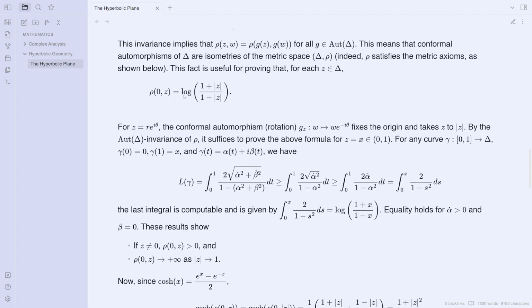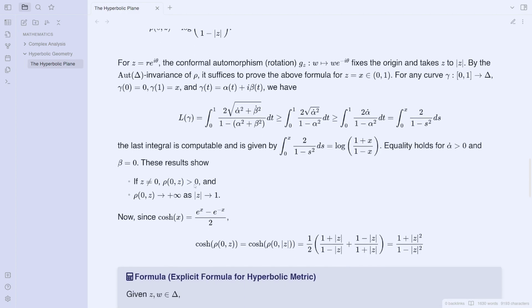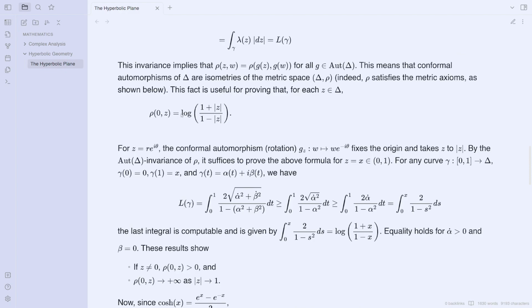Now, what's really nice about it is that it tells us a couple things about how this hyperbolic distance works. If we want to prove it's a metric, this goes into proving it's a metric. I don't state the theorem. We're not going to show the full proof it's a metric. These results all show it. But if z is non-zero, then obviously this is going to be positive.